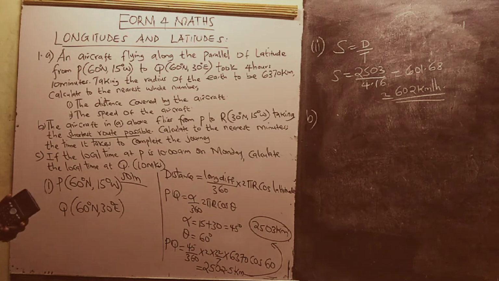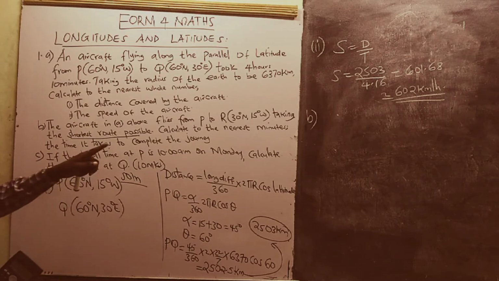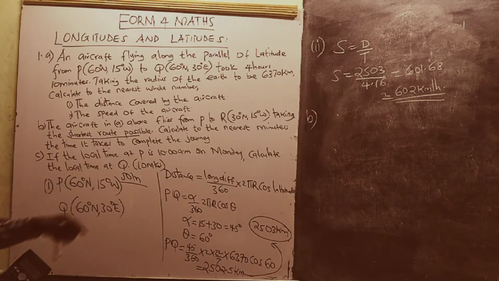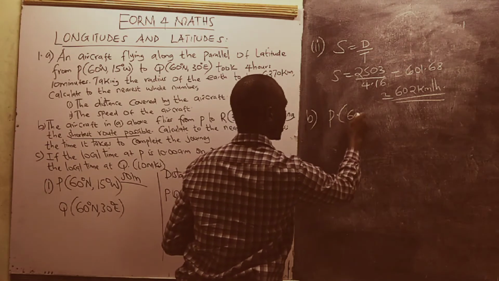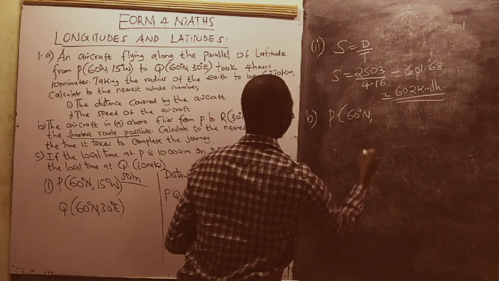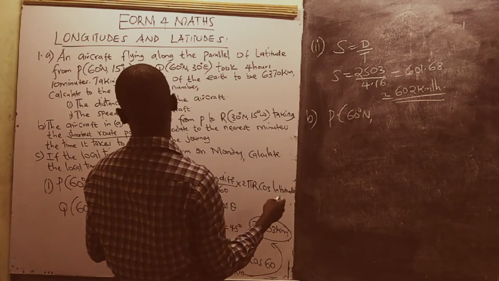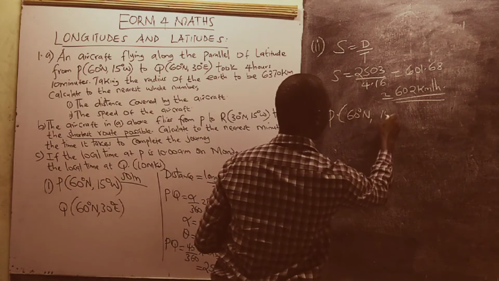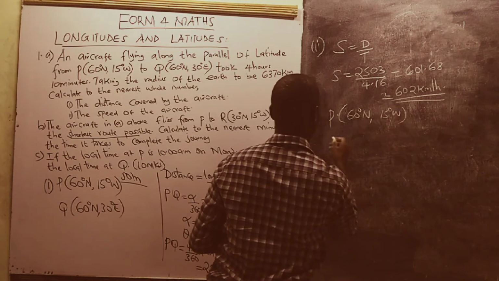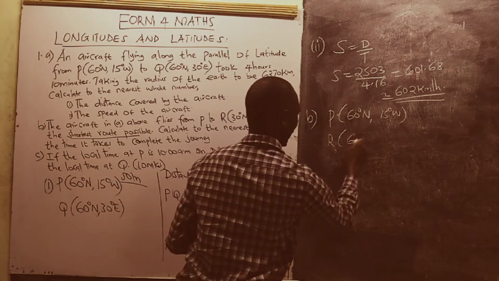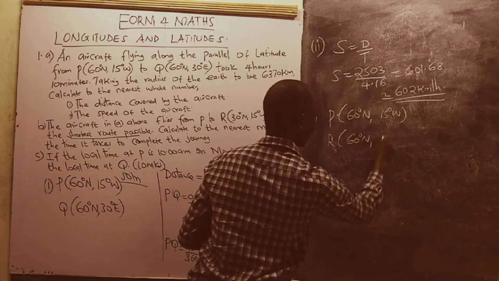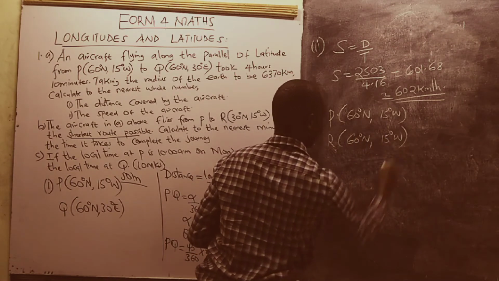We already have the speed. What we need is the distance between point P, which was 60 degrees north and 15 degrees west, and R, which is 30 degrees north but 15 degrees west.